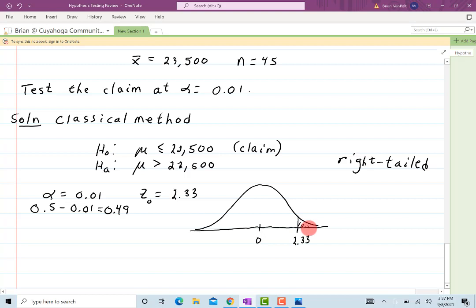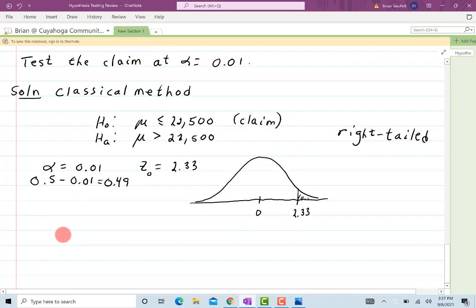And now let's go ahead and calculate our test statistic. I recommend writing this formula out every time, and then it won't seem like you're memorizing it.